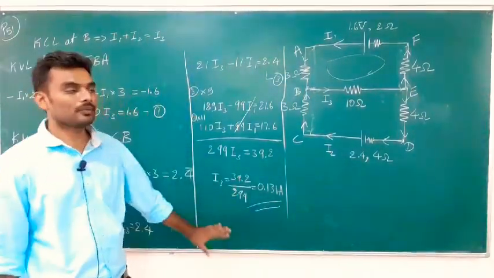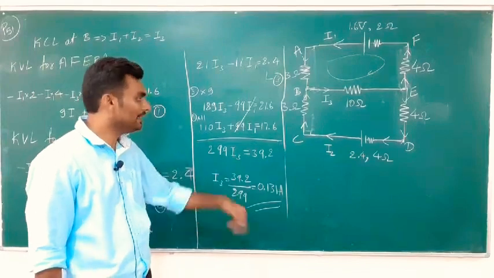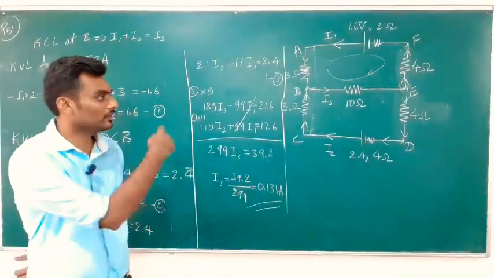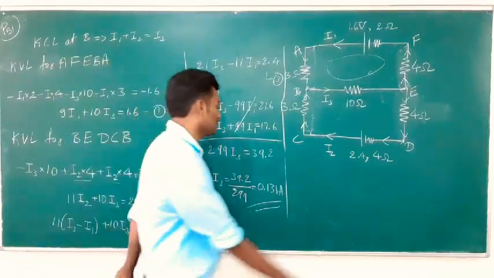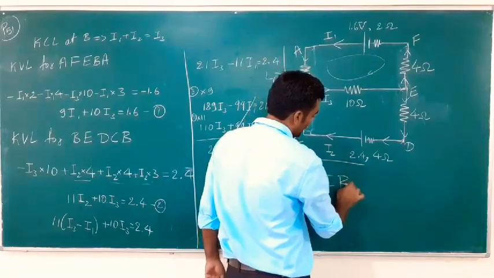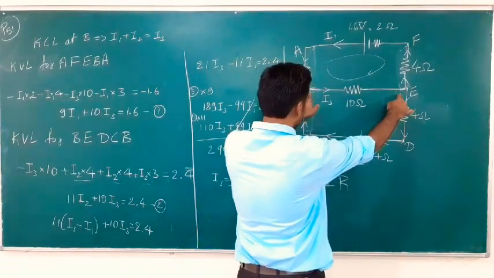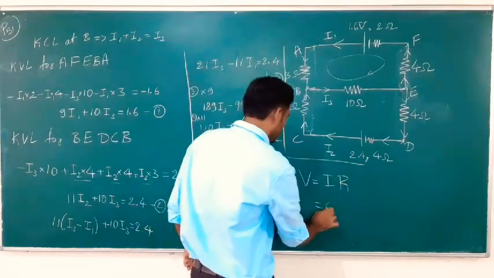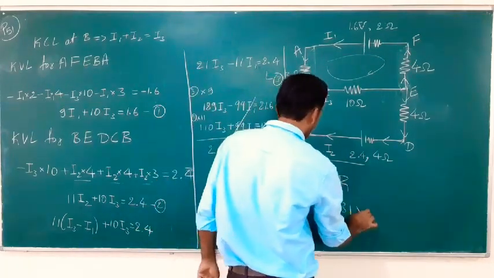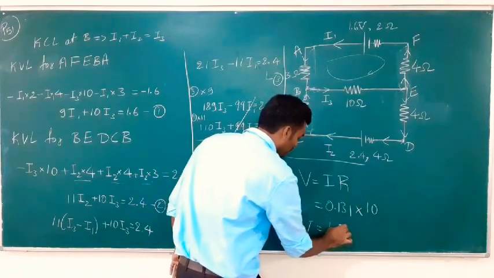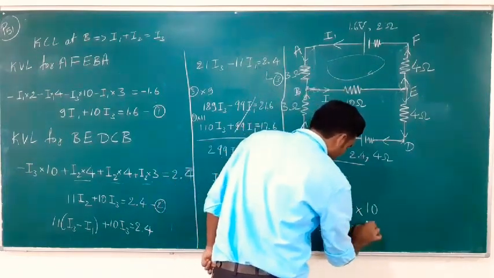Okay, this is one important result which will lead us to the main solution required, which is the voltage. So now it is quite simple. V is equal to IR between B and E. Okay. So I is 0.131 into 10 ohm. So the voltage is 1.31 volt.